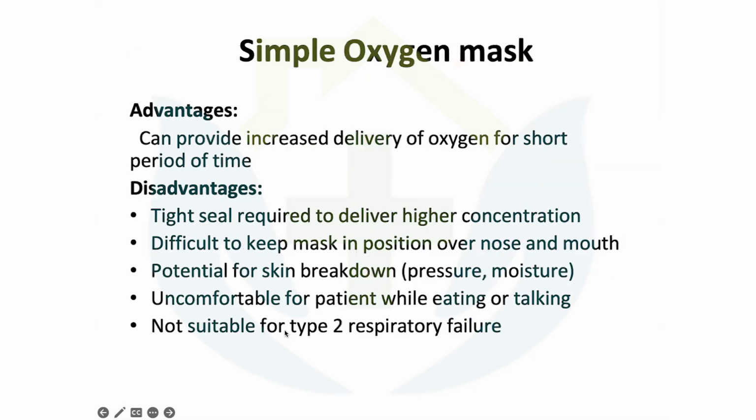The advantage is that it can provide increased oxygen delivery in a short period of time, but due to the open port, the FiO2 gets diluted, so it cannot reach more than 60%. It is uncomfortable for the patient when eating or talking, and not suitable for type 2 respiratory failure. Another advantage is that if there is a secretion in the mouth, it can be easily identified.